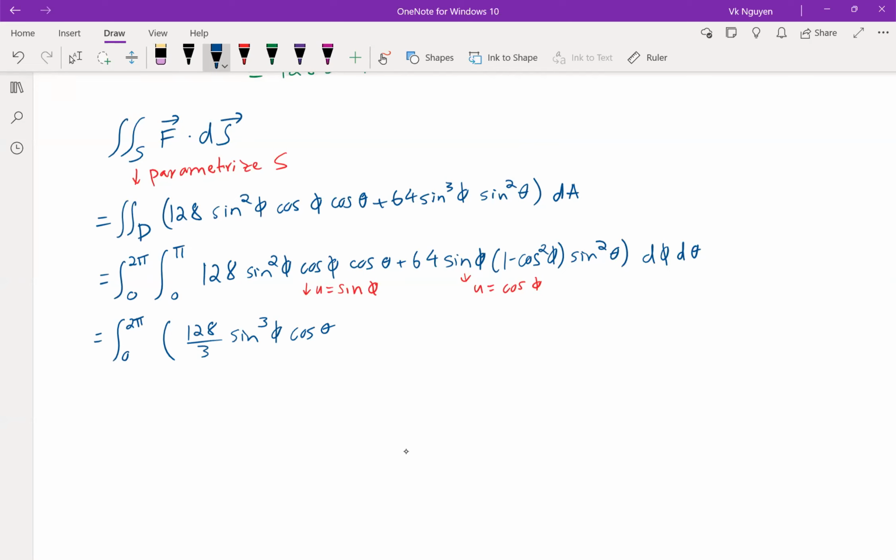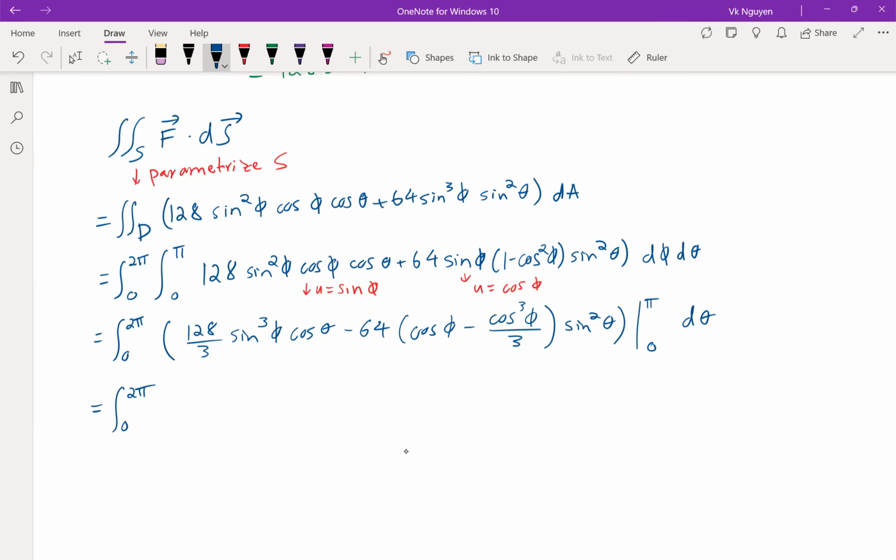So u is gonna be cosine, derivative of cosine is negative sine, so it's gonna be negative 64, and then when you integrate 1 you get u, so it's gonna be cosine phi minus cosine to the power 3 phi over 3 sine squared theta, from 0 to pi, d theta.